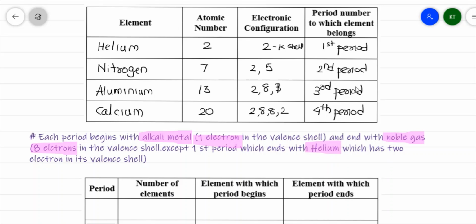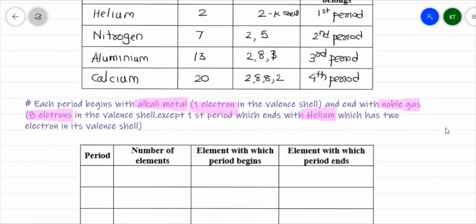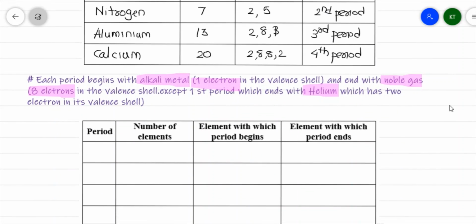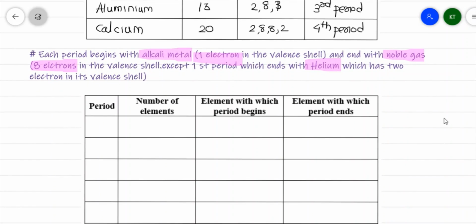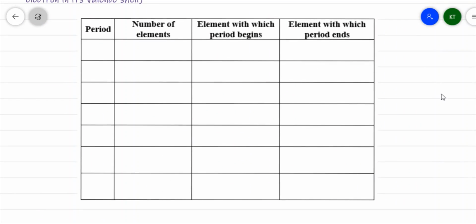Now let me note down the element with which each period starts and ends, and the number of elements present in that period. The first period consists of only 2 elements.